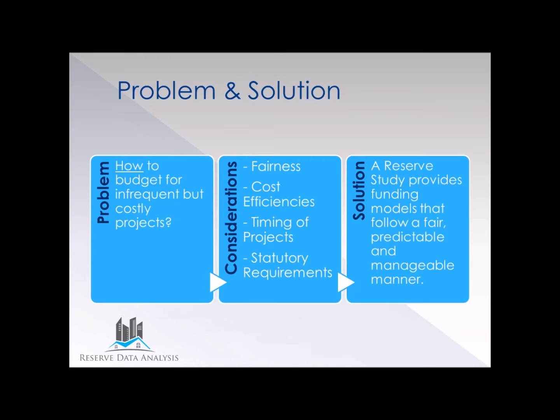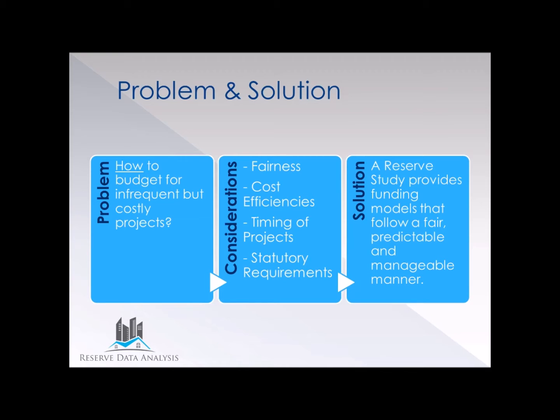A solution that a reserve study professional is going to do is provide funding models that follow a fair, predictable, and manageable manner. So the community members are going to be paying their fair share over time, and the dues that are required in the recommended funding models are typically not outrageous. They're usually right in line with what they should be.